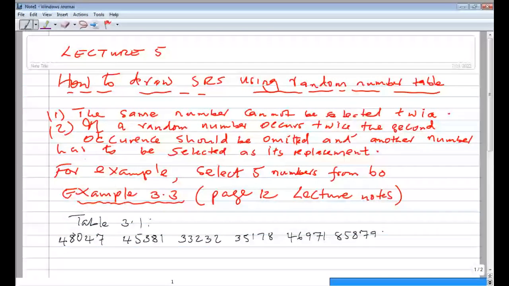Then 31458. Then the last one on that row is 220160. That's row number 1.